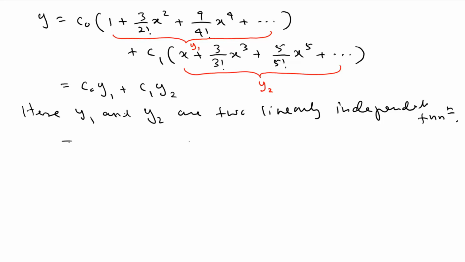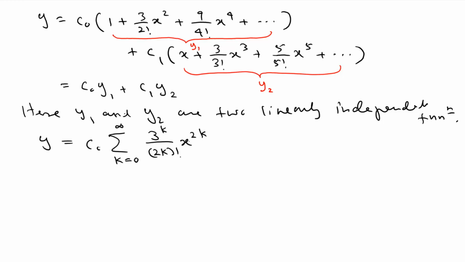But we can do a little bit better in this case, because sometimes you get really nice solutions. You can write y using the general form. The first one is the sum with k going from 0 to infinity of 3^k over (2k)! x^(2k).